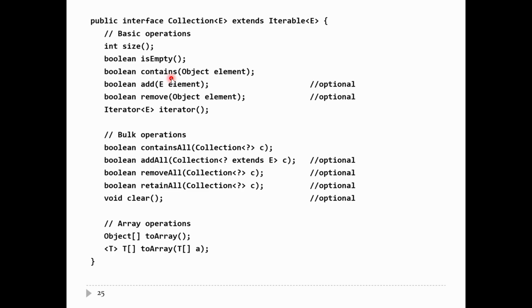Does it contain an object? Can I add something to this collection? Can I remove something from this collection? Notice that size, isEmpty, contains, add, and remove are all in both Sets and Lists. All of the sets and all of the lists that we saw have these methods. The reason they have these methods is because they all come from this Collection interface. There's a bunch of other methods as well. They're not really super important to us right now.